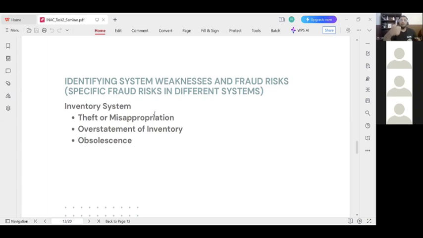So, one of the reasons that businesses do that is they have slow moving inventory. Let's say you bought the inventory, but now you are finding it difficult to sell it in the market. We don't want to go into the detail of the standard, but IAS 2 says that you cannot keep your inventory at cost, right?